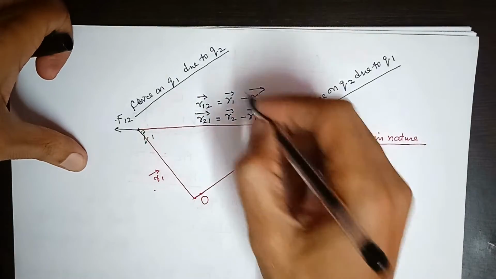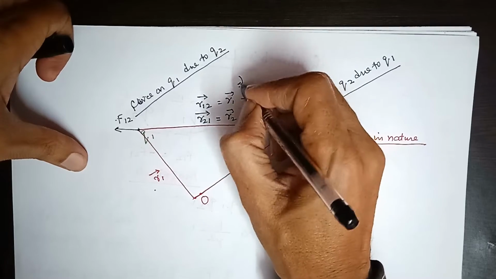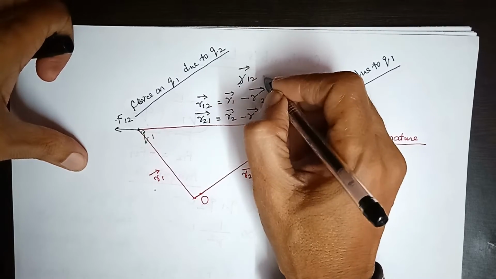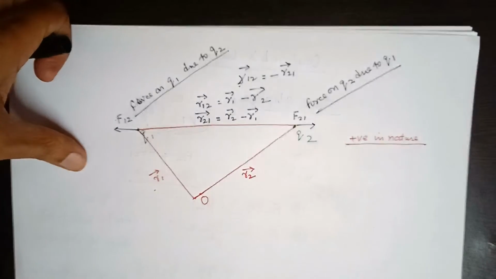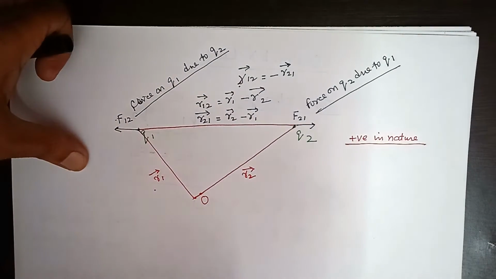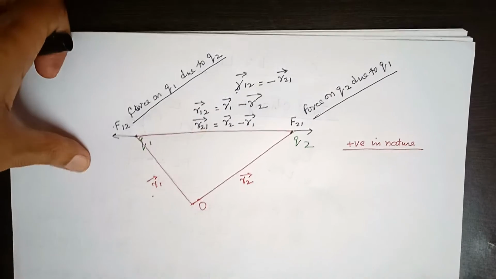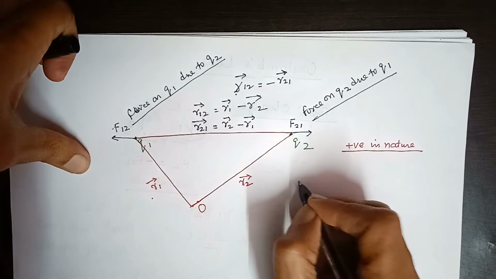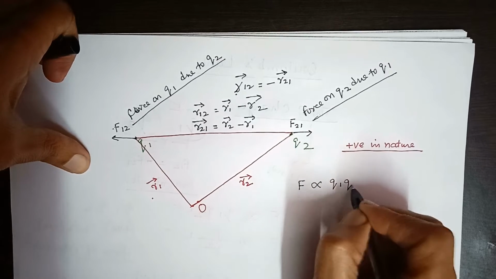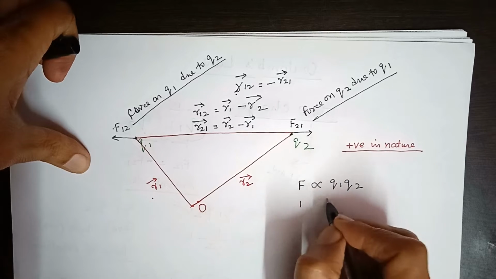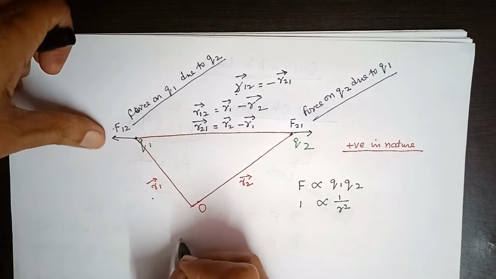And by this vector form, we can say that the R12 position vector is the negative of R21. Now, we have seen by Coulomb's law that force is directly proportional to the product of charges, and it is inversely proportional to the square of the distance.